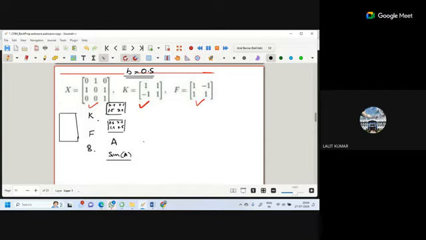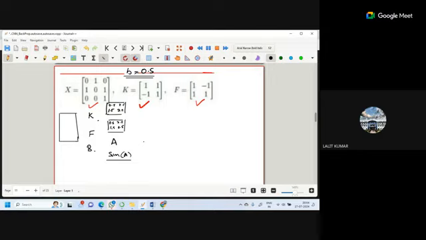Bhavya, can you help me? Can you check this convolution? Sure, sir. Here, these two have participated, 0, 0.5, correct? Here, 2.5. Here, only 1 has participated, so here 1.5.